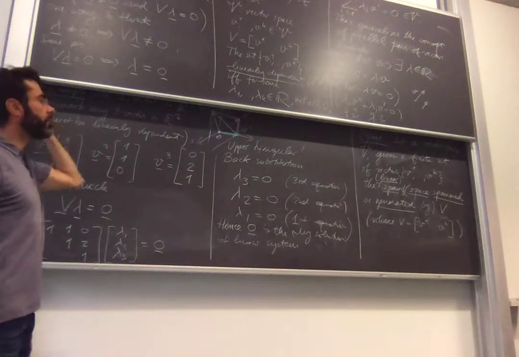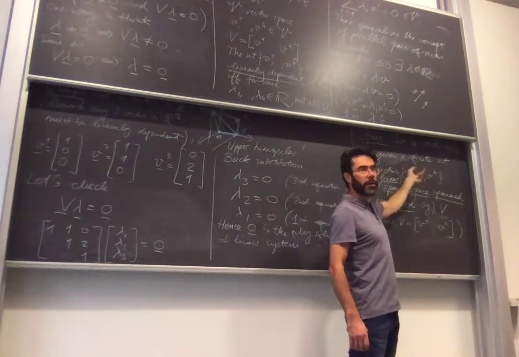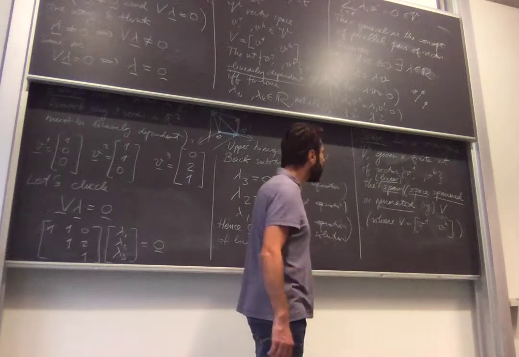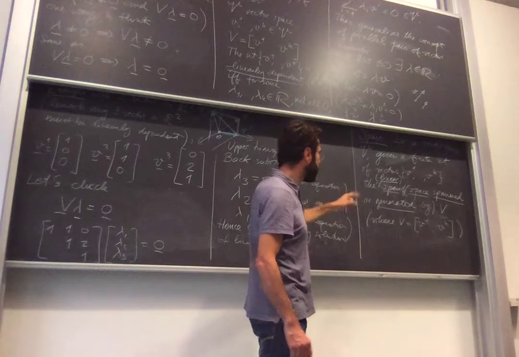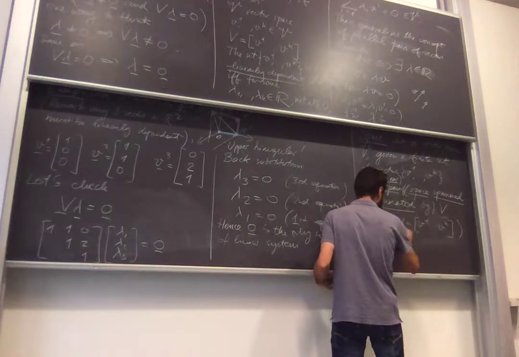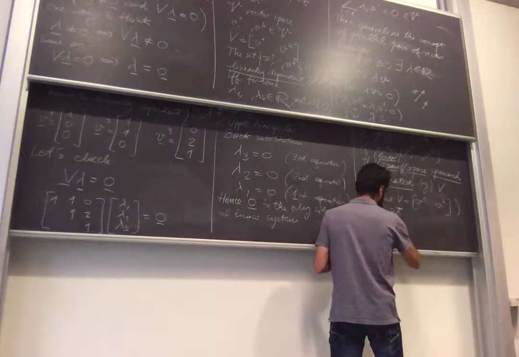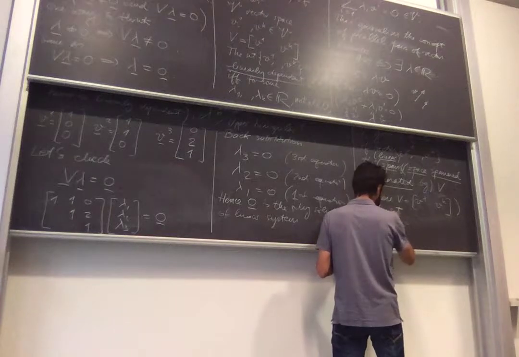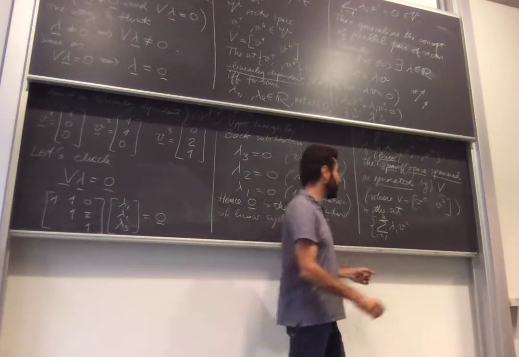But of course, if I shuffle them around, I get another matrix, but the situation is completely the same. The span is the set of all possible linear combinations using these vectors here.